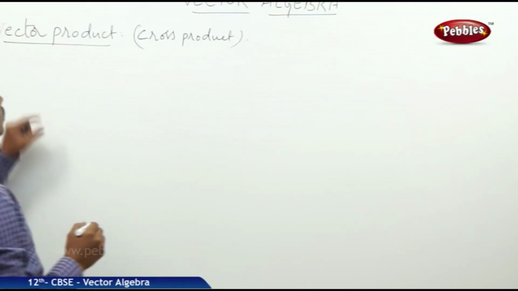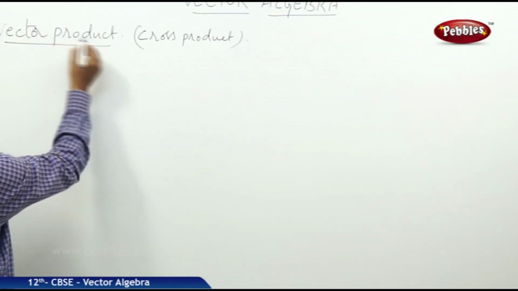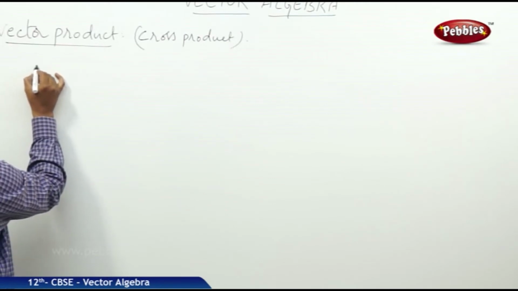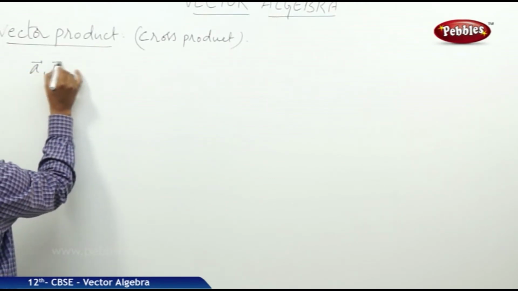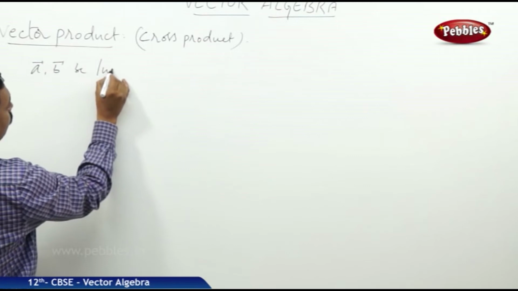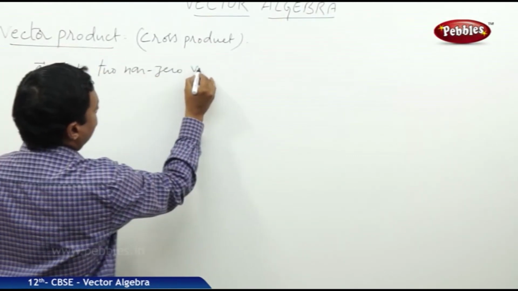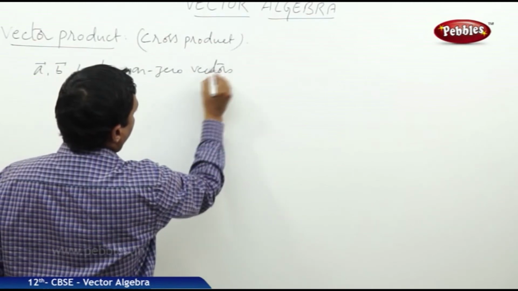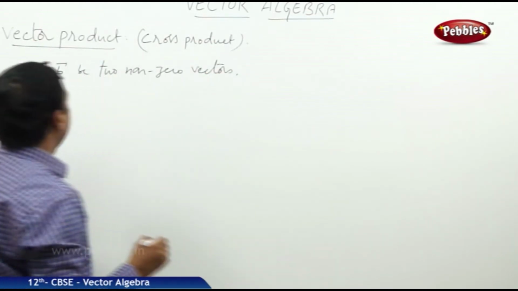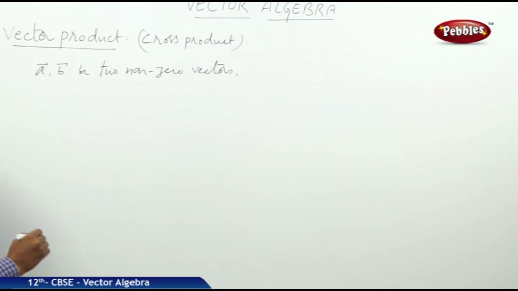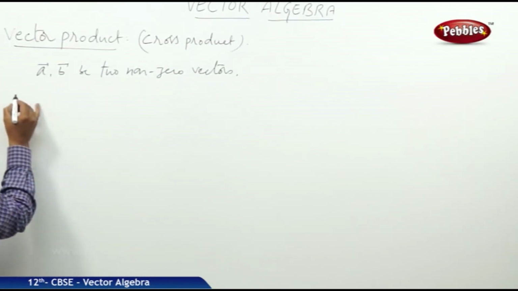Now let us see the definition of the vector product. Let a bar comma b bar be two non-zero vectors.